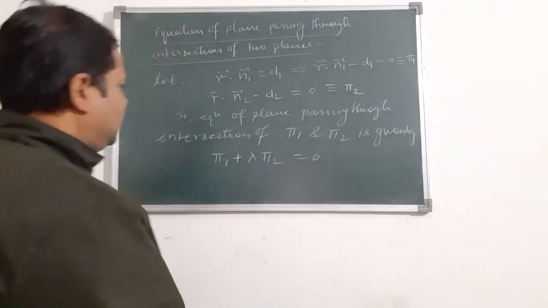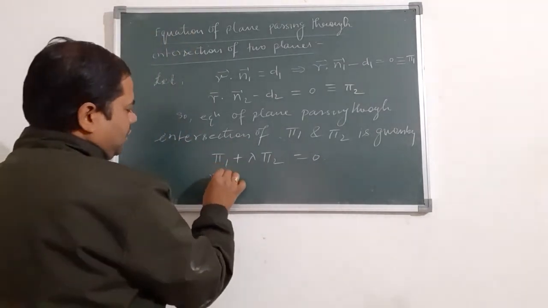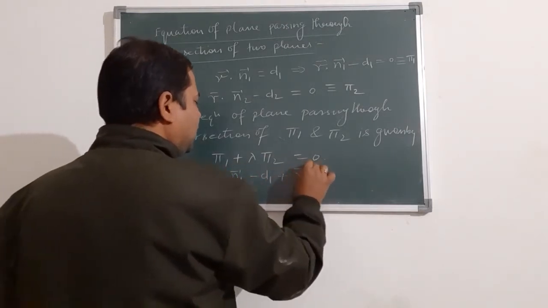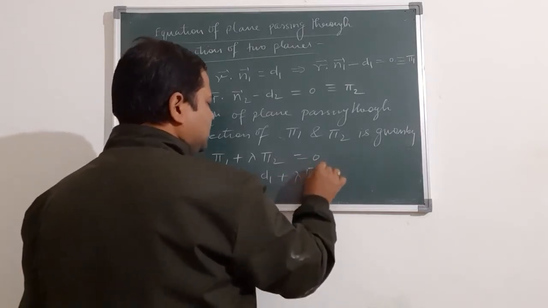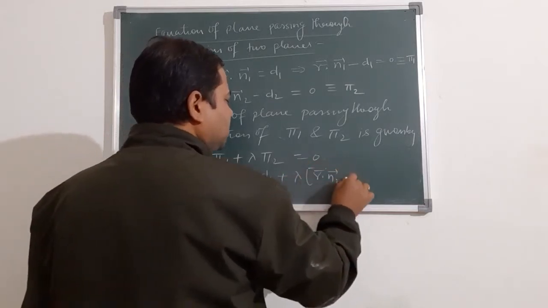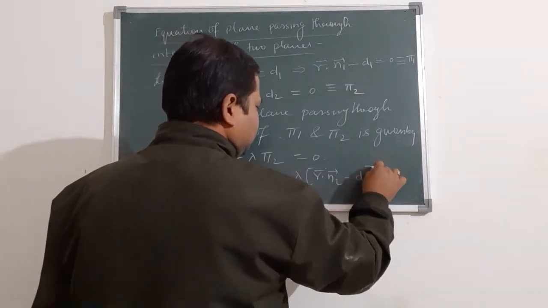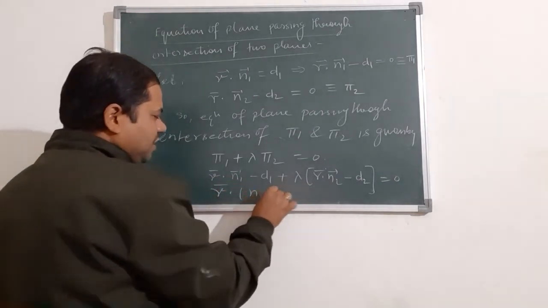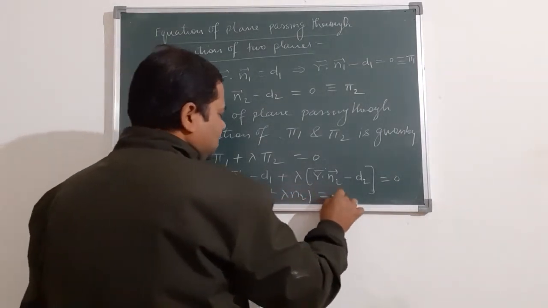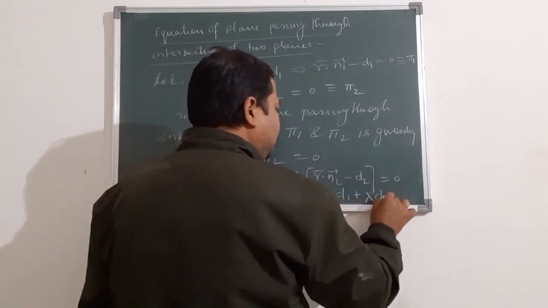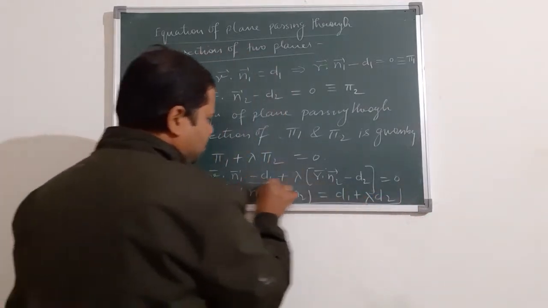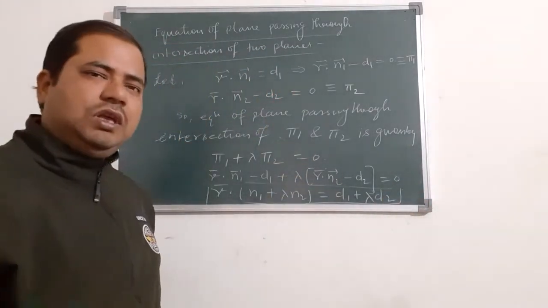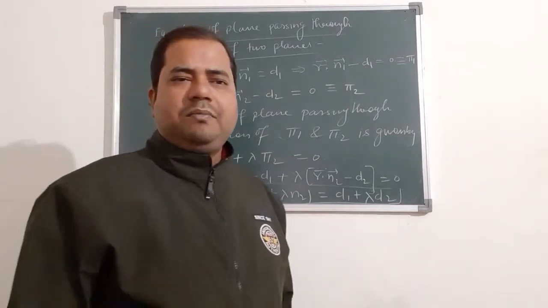That means r dot n1 minus d1 plus lambda times r dot n2 minus d2 is equal to 0. So this is nothing but r dot (n1 plus lambda n2) is equal to d1 plus lambda times d2. This is the equation of plane passing through the intersection of these two planes, pi 1 and pi 2.